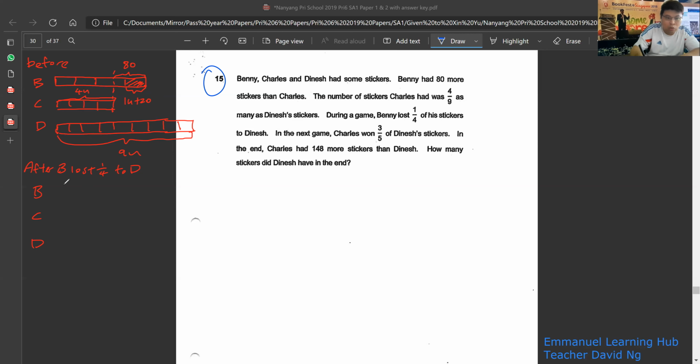Okay, Benny lost 1/4 to Dinesh, right? So he lost this part, come down. Okay, this amount he has left is 3U plus 60. Okay, 3U plus 60, yeah.